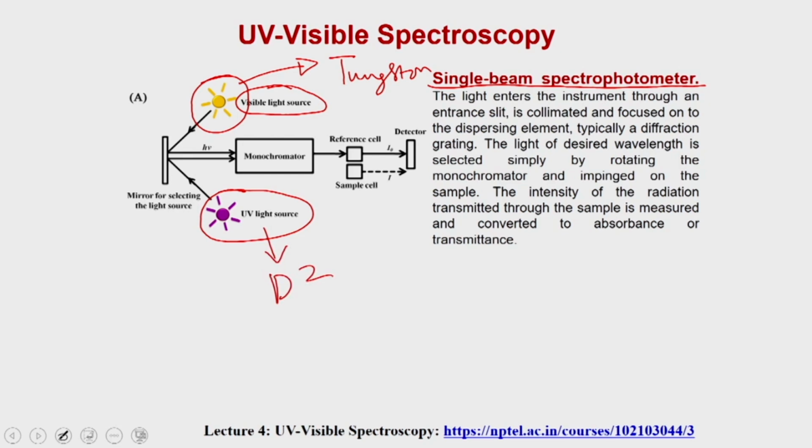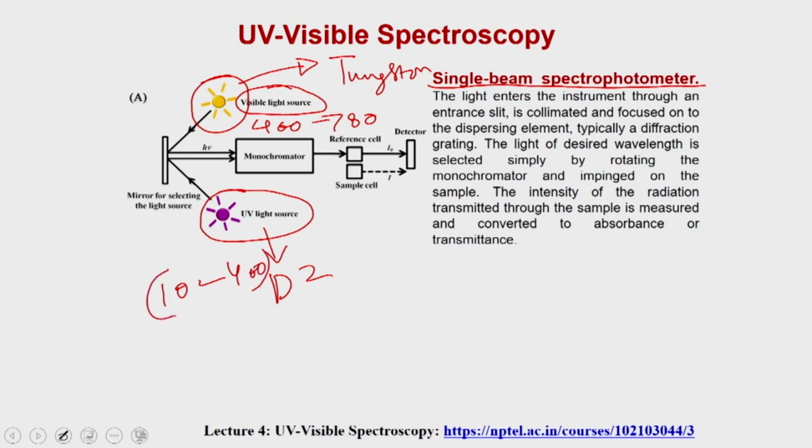They both give you light depending on what wavelength region you select. If you select 400 to 780, then only the tungsten bulb is used for giving you the light. But if you use the region from 10 to 400, then you use the UV light.